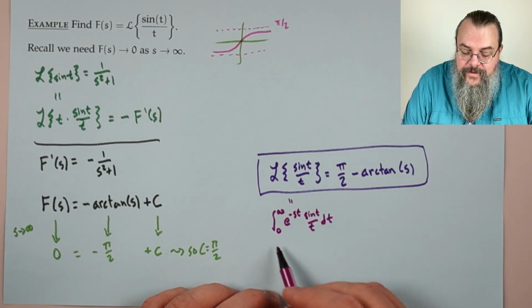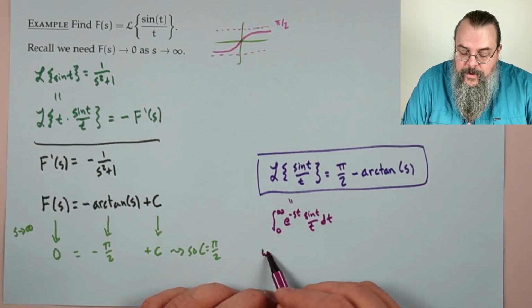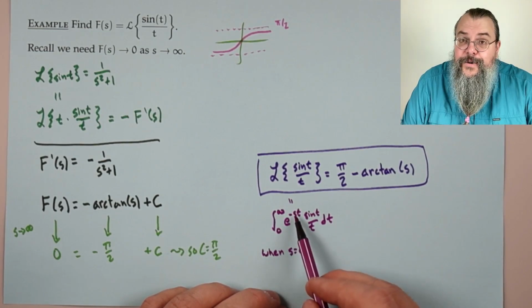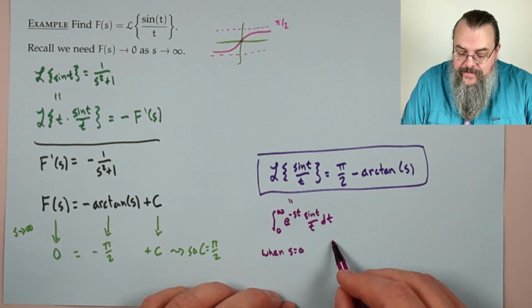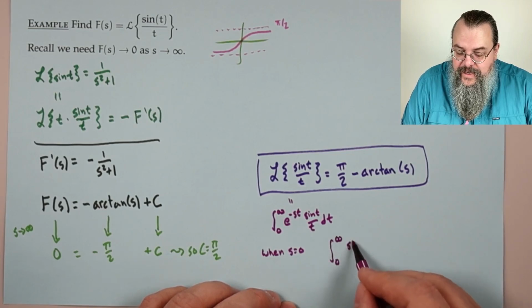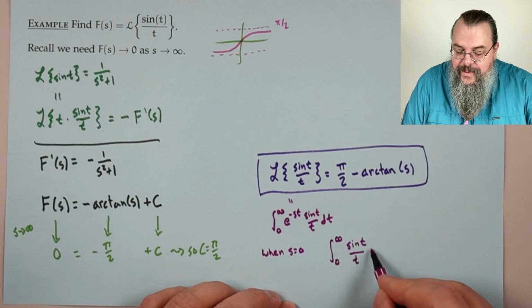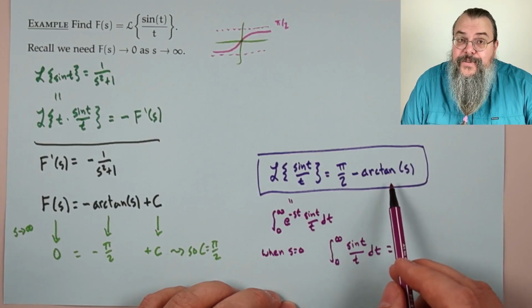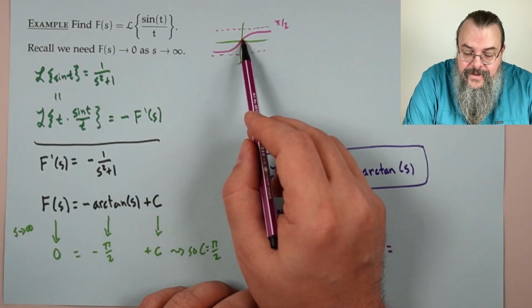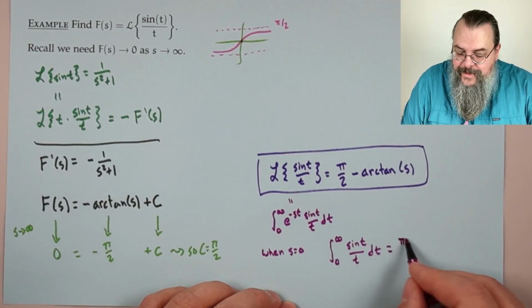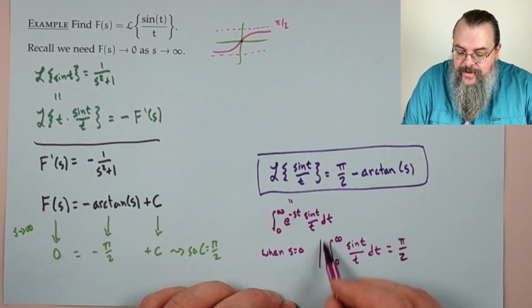We have e to the 0, which is 1. So we have the integral 0 to infinity of sine t over t dt, which equals, letting s equal 0 on this side, arctangent of 0 is 0. So we're left with pi halves.